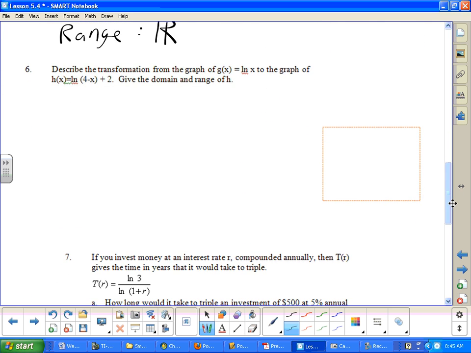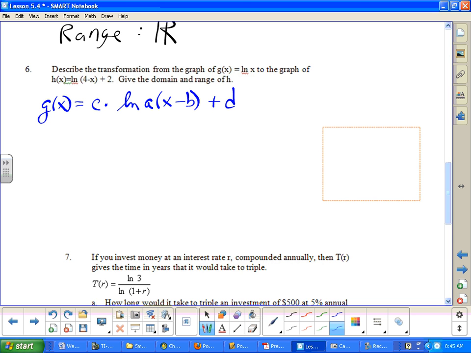All right, number 6. Describe the transformation from the graph of natural log of x to the graph of natural log of 4 minus x plus 2. Now, one of the things to remember, if we're using natural log of x, we are basically saying c times natural log of a times quantity x minus b plus d.